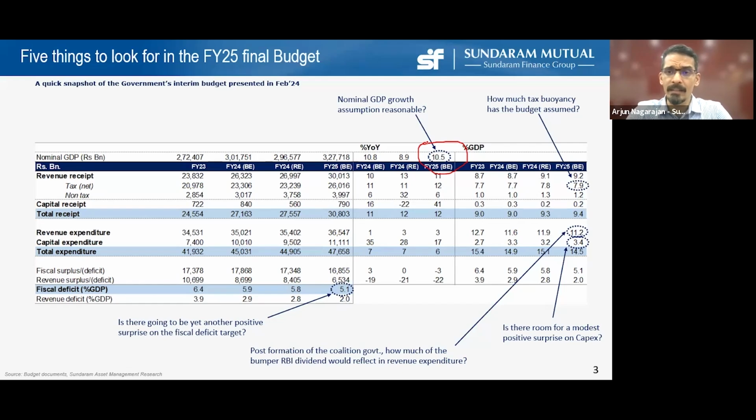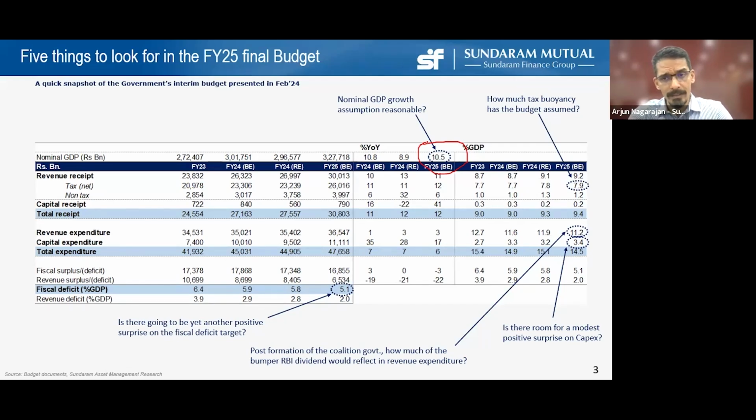When you look at the inflation in the GDP numbers, or what you call the GDP deflator, it is a mix of wholesale inflation and retail inflation. It largely comprises of the wholesale inflation number. Wholesale inflation number has actually been fairly weak in FY24, given global commodity prices have actually been lower on a year-on-year basis.